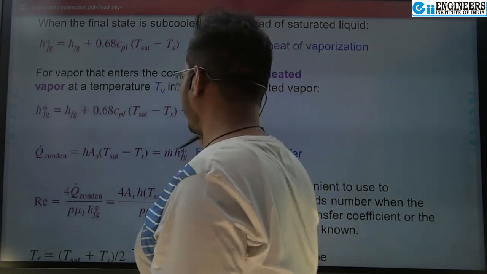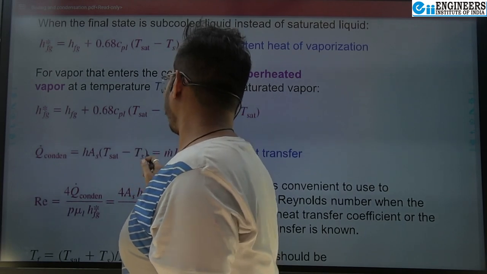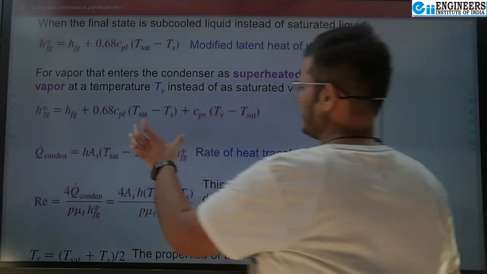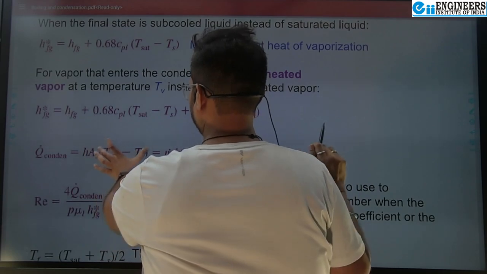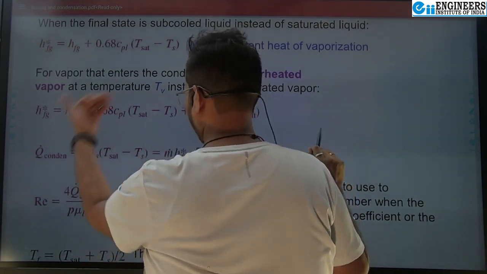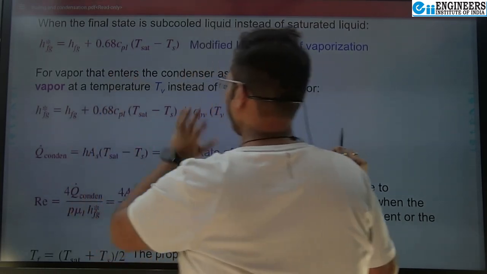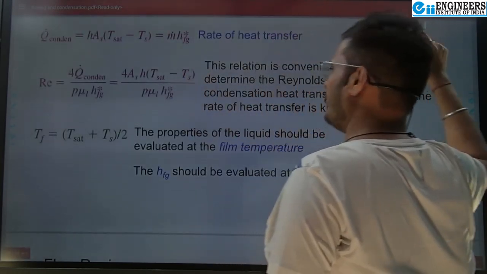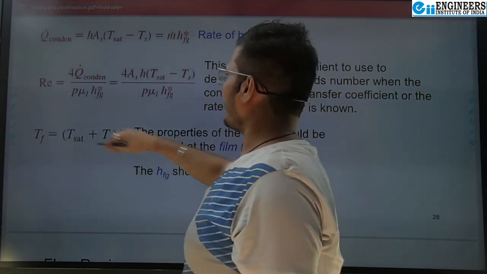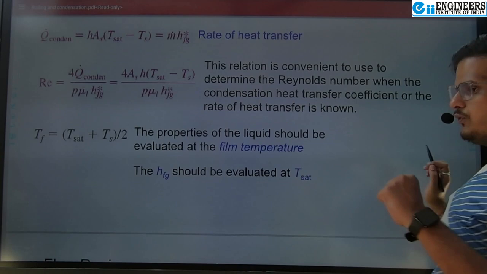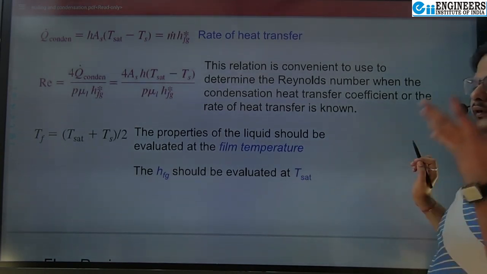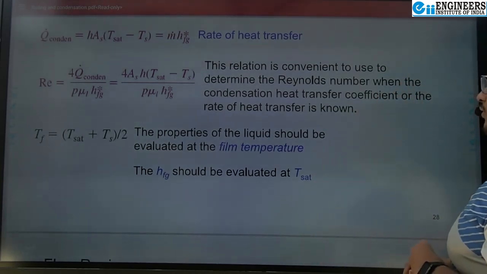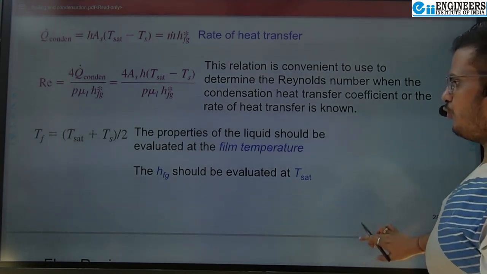That means h A_s (T_sat minus T infinity) by m dot hfg; if the rate of heat is equal to this, you take the ratio of this divided by this and multiply it with 4 m dot by P mu, and you get this Reynolds number. This relation, 4 m dot by P mu, you can use to determine the Reynolds number. Else you can use this correlation, an empirical correlation suggested as a modified Reynolds number, by using the condensation heat transfer coefficient or the rate of heat transfer known to you.